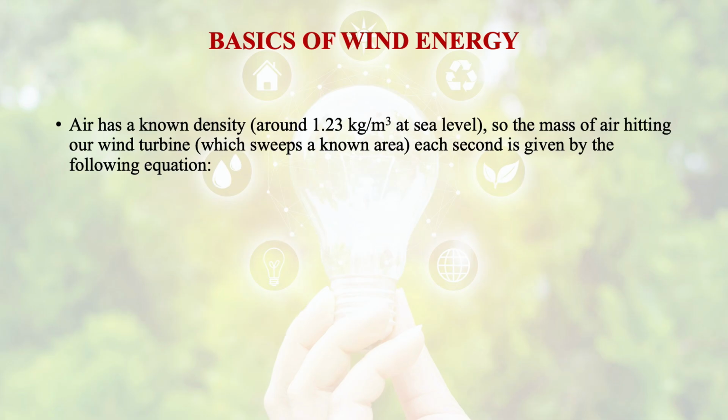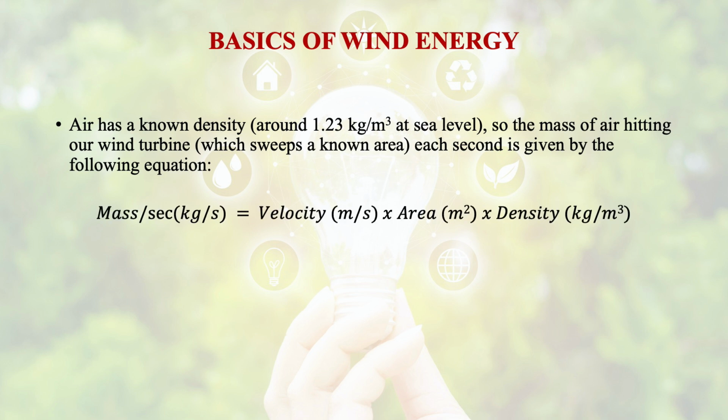Generally, air has a known density and it is around 1.23 kg per cubic meter at sea level. So the mass of air hitting our wind turbine, which sweeps a known area each second, is given by the equation: mass per second is equal to velocity into area into density.